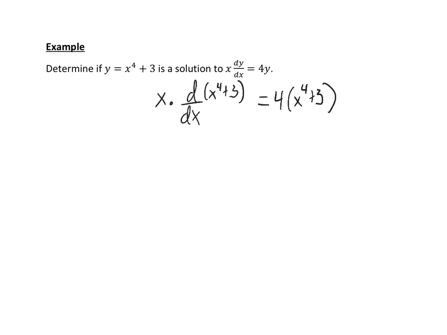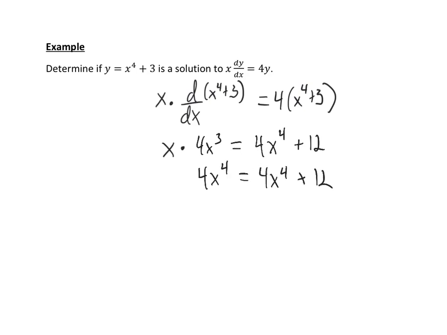We'll get x times the derivative of x to the fourth plus 3, which would just be 4x cubed, should equal 4x to the fourth plus 12. We get 4x to the fourth equals 4x to the fourth plus 12. Those things are not equal. This is not a solution.